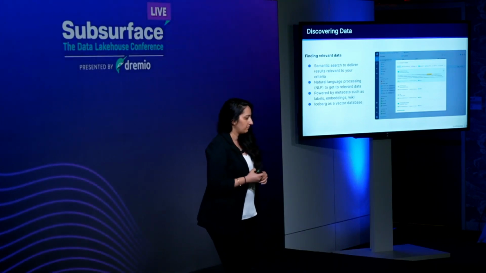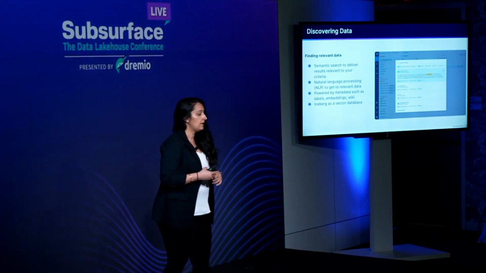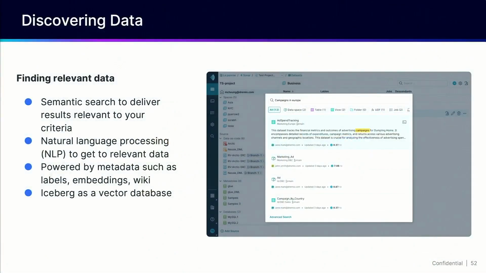In this example, it's probably hard to see from virtual or all the way back there, but somebody's searching for campaigns. The results you're getting aren't because the table is called campaigns, but because something in the wiki or something in the columns identified with that. So from a discovery standpoint, it's all about relevance.